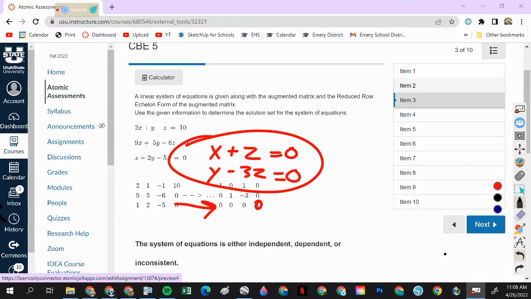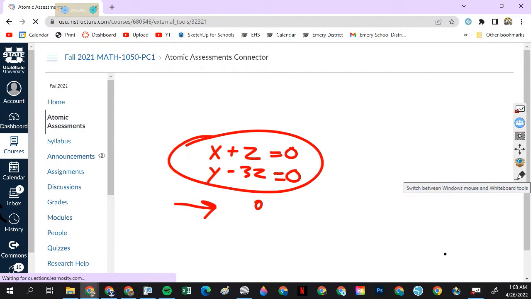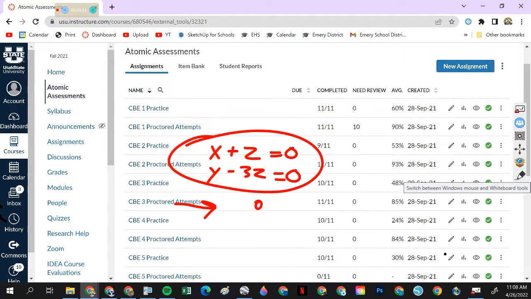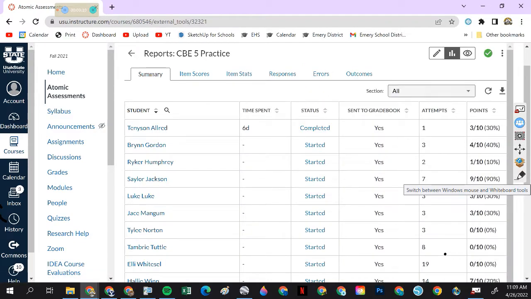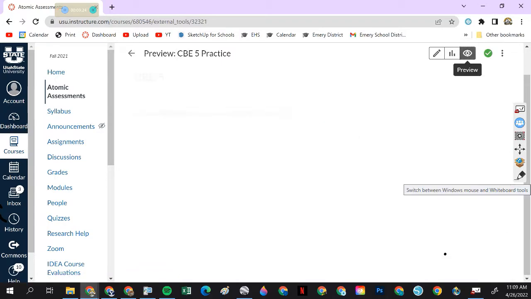So we need to solve for one of the variables. But I better actually find one. Otherwise, we won't know if I made a mistake. All right, so practice. Let's do this.